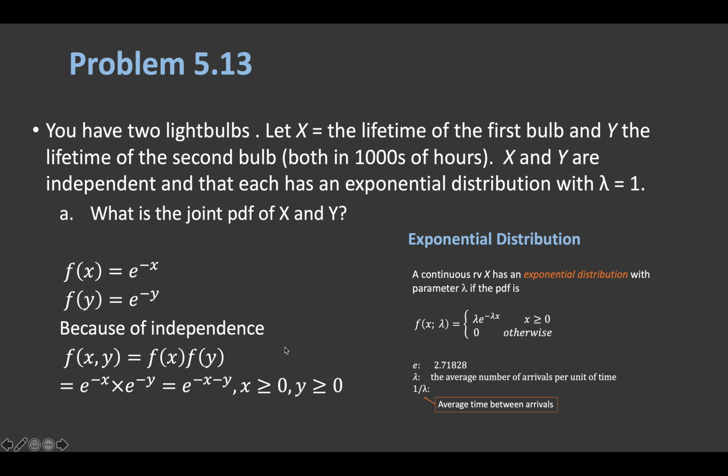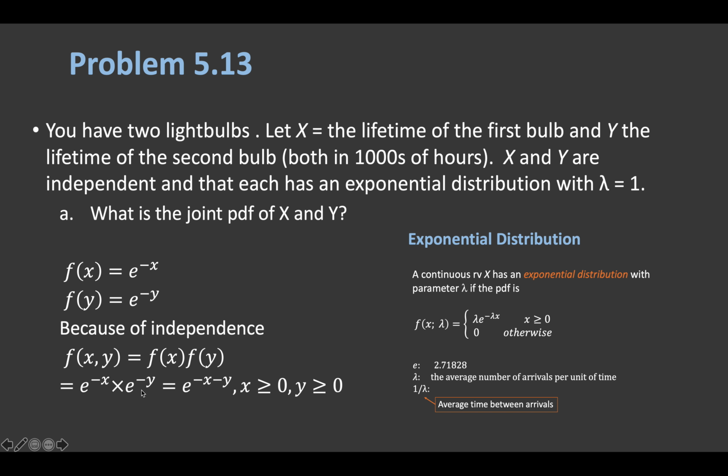And we already know the independence, which means this function holds. The joint probability density function f_XY equals the two marginal probability density functions multiplied together, so f_X multiplied by f_Y. And we already know f_X equals e to the power of negative x, and f_Y equals e to the power of negative y.